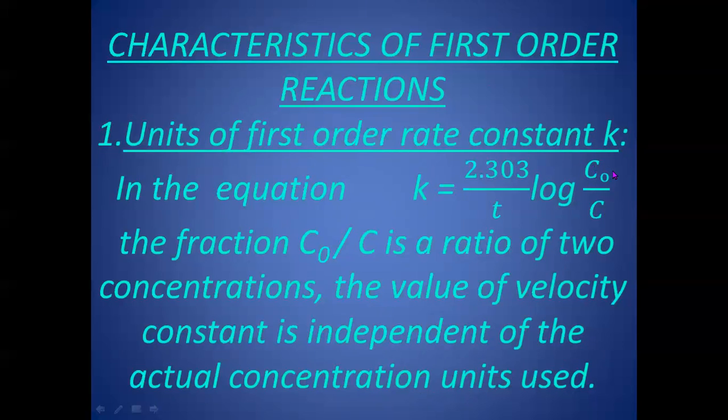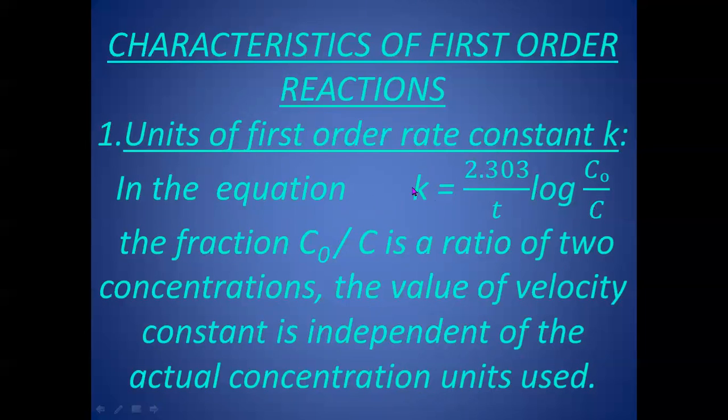When we write moles per liter here and here, they will get cancelled, and we will remain with the units of t. Therefore, the units of K will be 1 by time, means time inverse. If it is second, then it will be second inverse or per second. Therefore, the units of K are per second for the rate constant of first order reaction. How will it come?